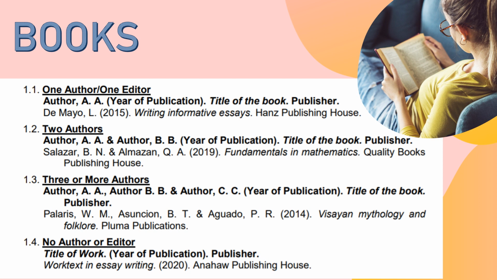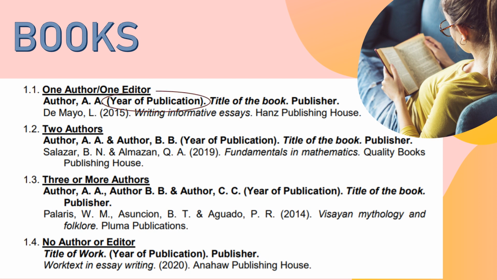For books, here is the arrangement of the elements that we discussed a while ago. Again, remember that you need to follow proper capitalization and punctuation in citing your sources. So for one author or one editor, you have to first write the author's surname first, and then the initials of the author.